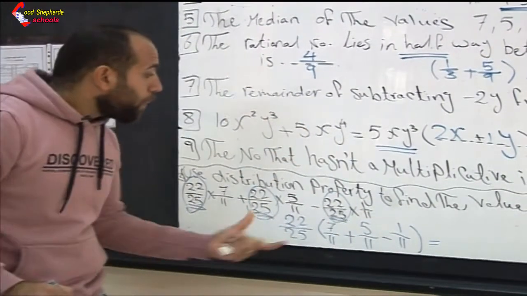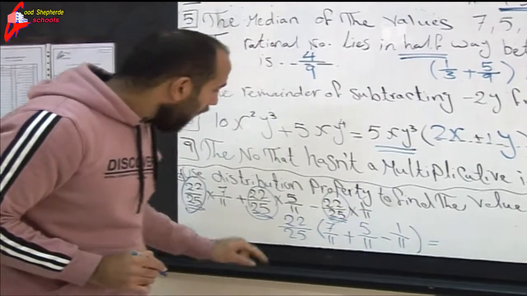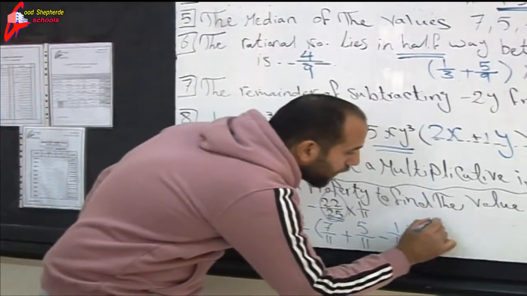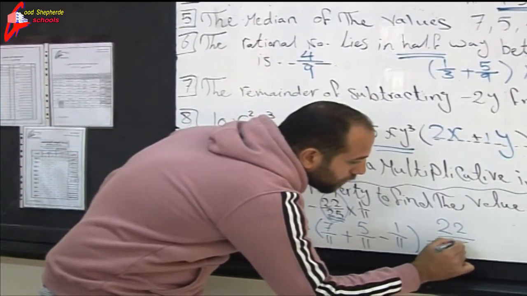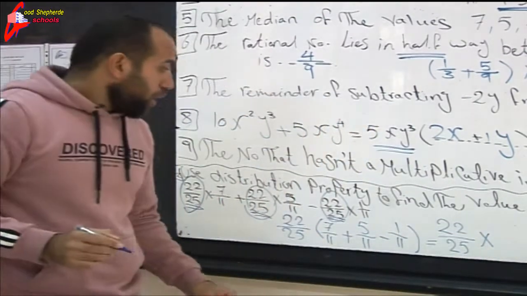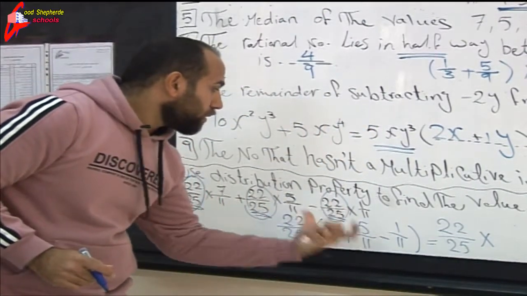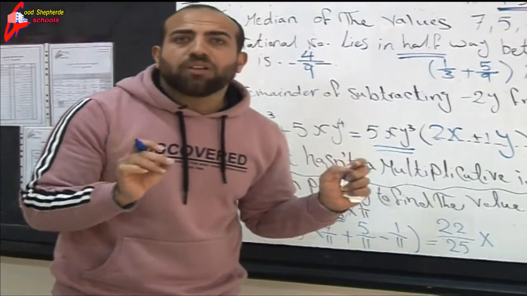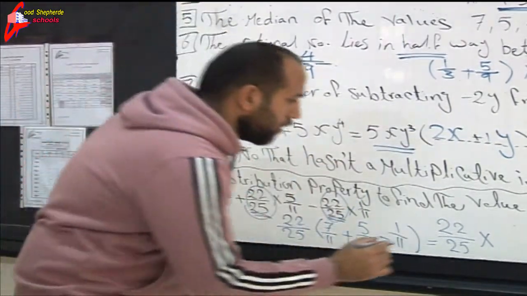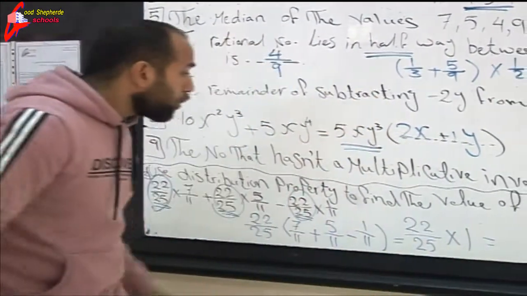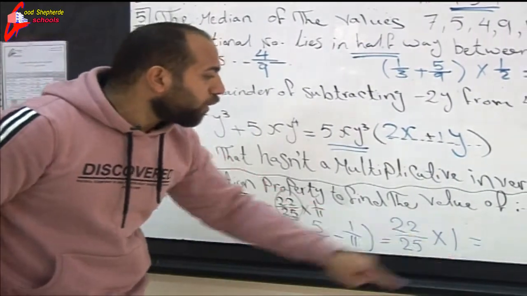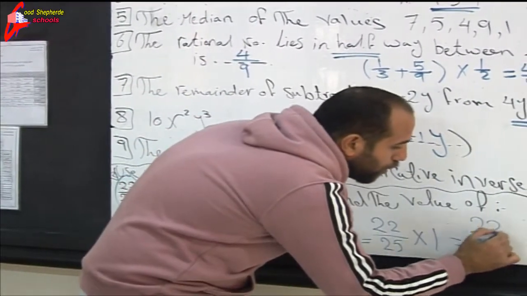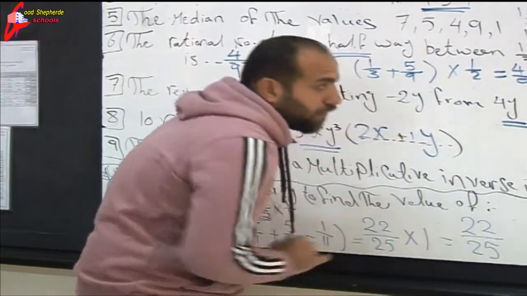Bracket first. So I have 22 over 25, times the value of the numbers in the bracket, which equals 1. So 22 over 25 times 1 equals 22 over 25.